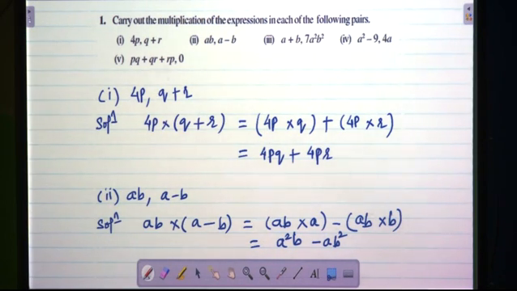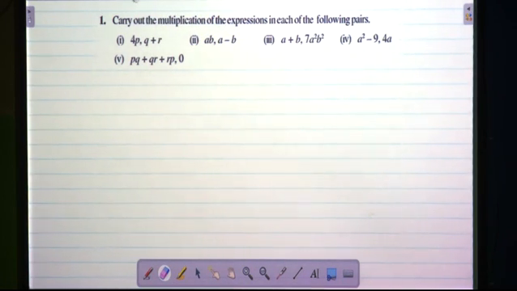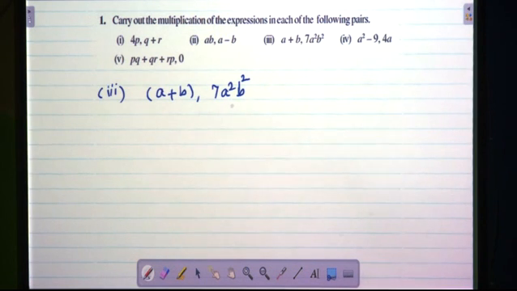Okay. We shall do one thing. Now, we shall try to solve the third sum. What is the third sum? Third sum is a plus b is first expression and 7a square b square is the second expression.